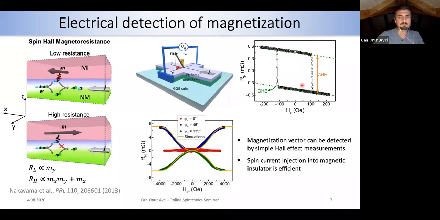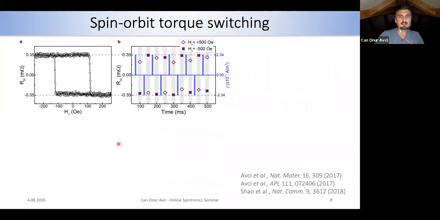So the message from this slide is that the magnetization vector can be detected by simple Hall effect measurements, and spin current injection into magnetic insulators is efficient, because these kinds of signals would not occur if the spin current didn't interact with the magnetization. But this is a qualitative judgment on the efficiency of the spin current.